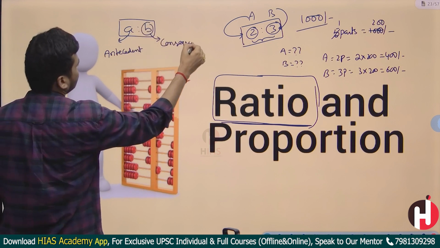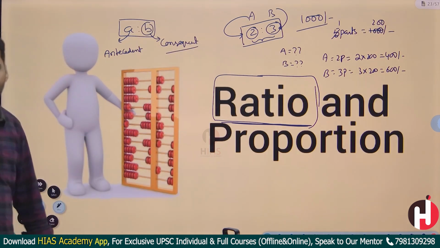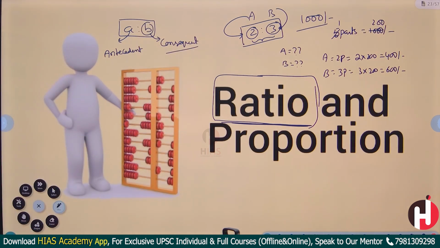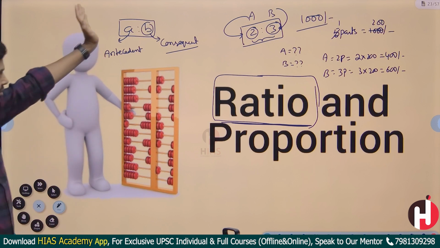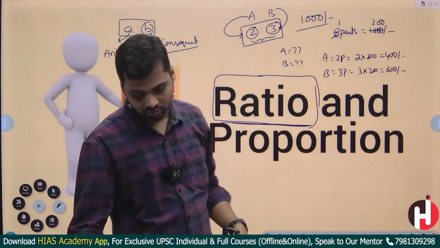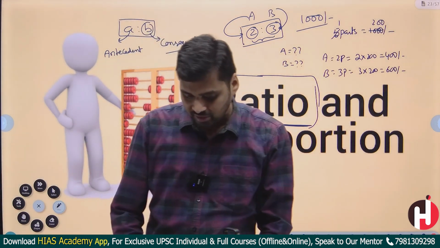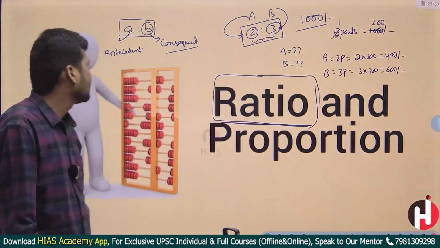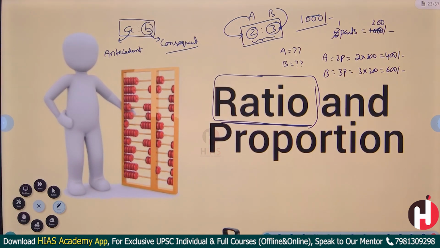You need to know these terms, you need to keep them in your mind. What is meant by antecedent and what is meant by consequent? Please note this down. For a two term ratio A is to B, A is called antecedent and B is called what? Consequent.